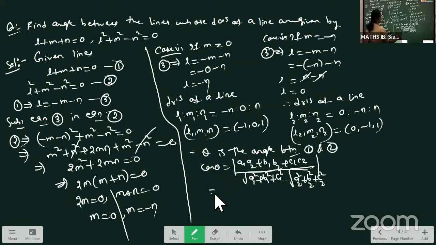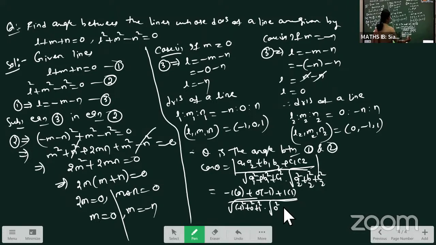Now substitute. First values are a1, b1, c1. Second values are a2, b2, c2. So minus 1 into 0 plus 0 into minus 1 plus 1 into 1, by under root of minus 1 square plus 0 square plus 1 square into under root of 0 square plus minus 1 square plus 1 square. Modulus: first term 0, second term 0, so third term 1 into 1 is 1.